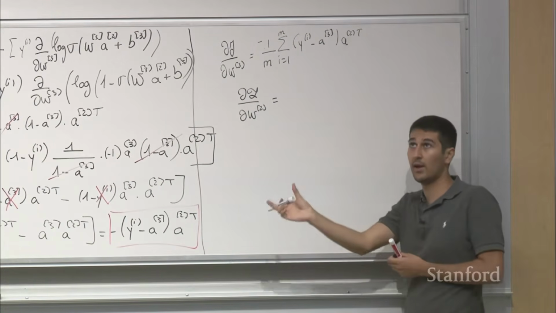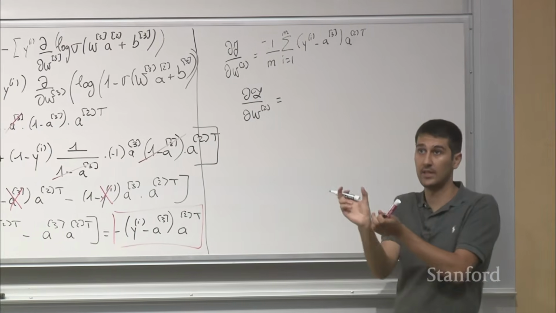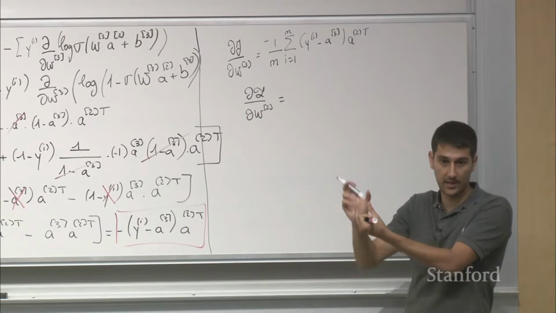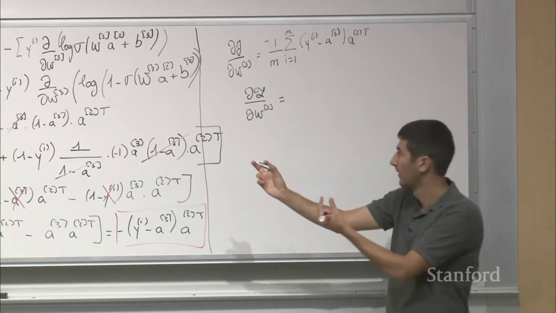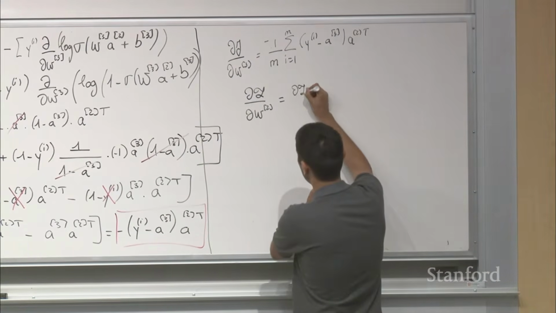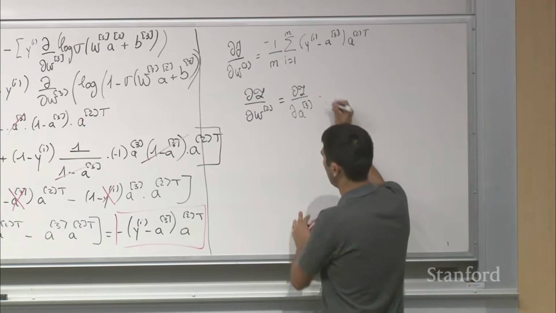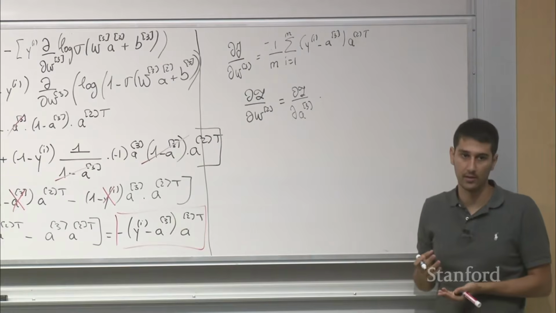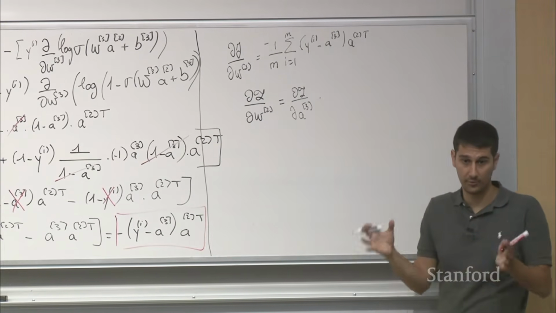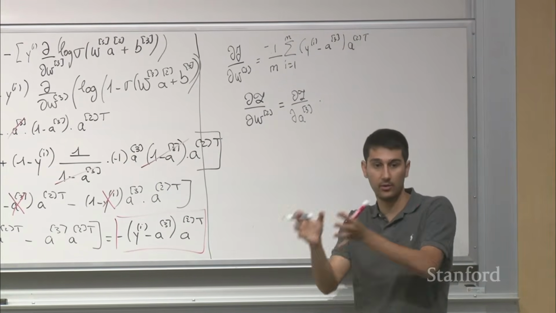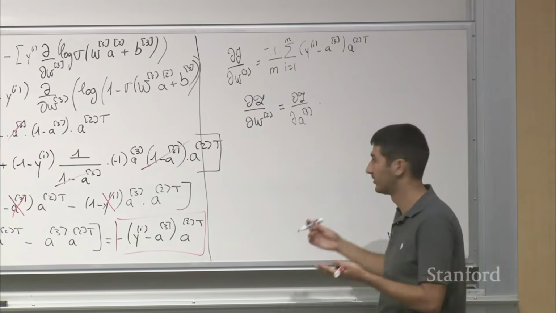I know that y hat is the first thing connected to the loss function. The output neuron is directly connected to the loss function. So I'm going to take the derivative of the loss function with respect to y hat, also called A3. This is the easiest one I can calculate. I also know that A3, the output activation of the last neuron, is connected with the linear part of the last neuron, which is Z3.